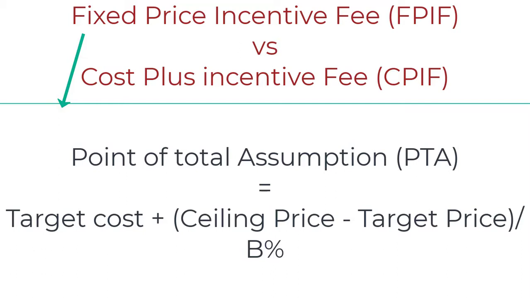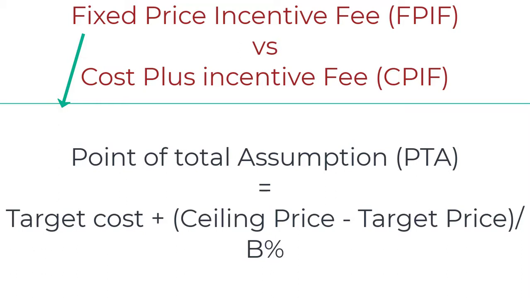So it is the target cost agreed upon before we start the project, plus the difference between ceiling price and target price. Both of these terms are prices, so the price difference is divided by the buyer share.